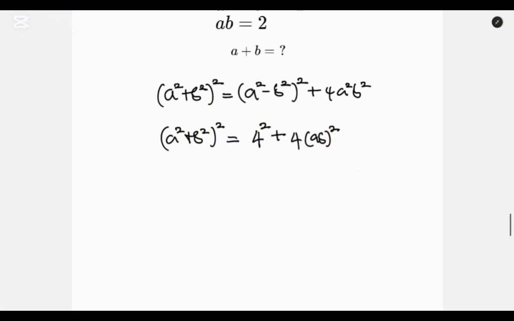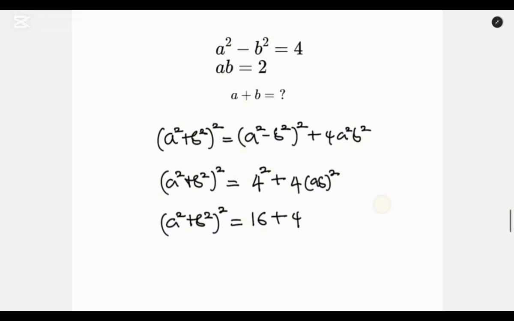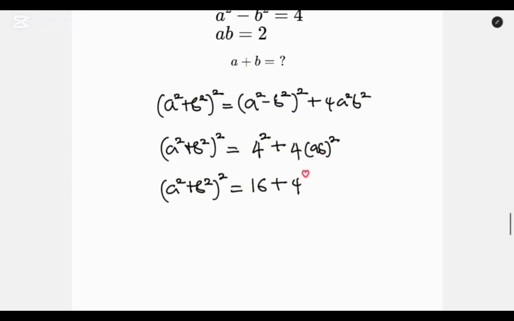Very good. Now simplifying further, we have (a squared plus b squared) all raised to the power of 2 to be equal to 4 squared is 16 plus 4 times ab, and ab from our second equation is 2. So I'm going to be putting 2 here, so times 2 raised to the power of 2.